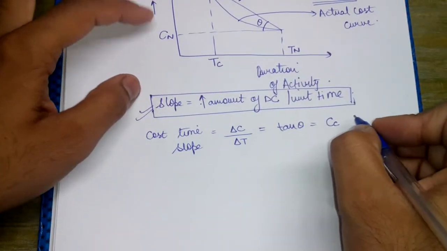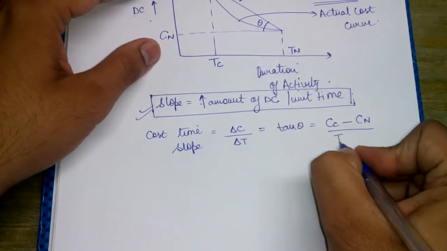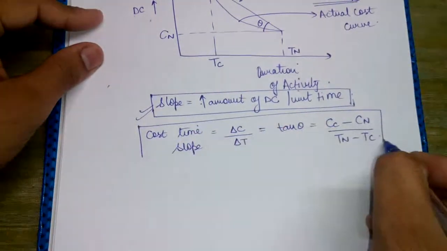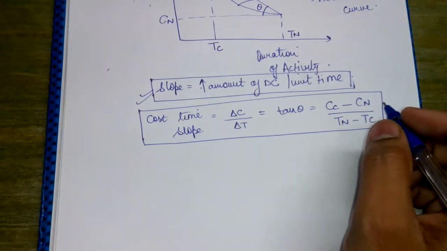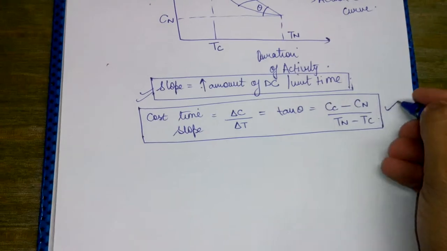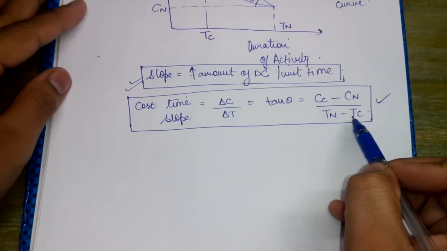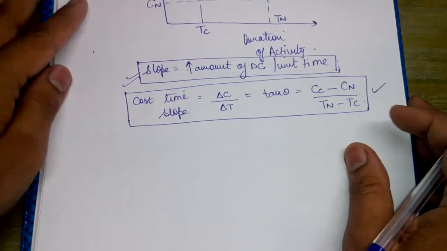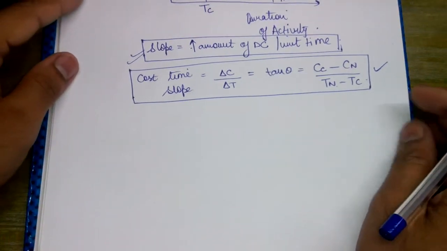That is CC minus Cn upon Tn minus Tc. We need to remember this formula also. So the slope is the crashing cost minus the normal cost upon the normal time minus the crashing time, because the cost of crashing will definitely be high. Why will it be high? Because we are increasing the amount of resources as input.